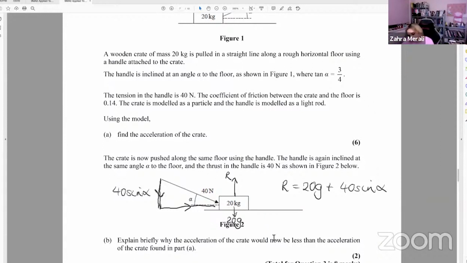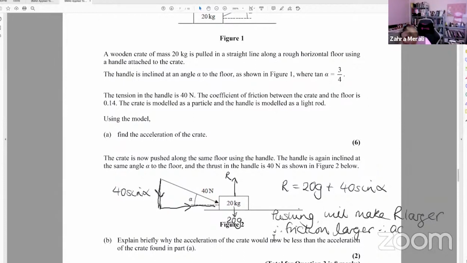So that's your explanation: pushing will make R larger, therefore friction larger, therefore acceleration will decrease. I can't spell decrease. All right, let's try again. Decrease.